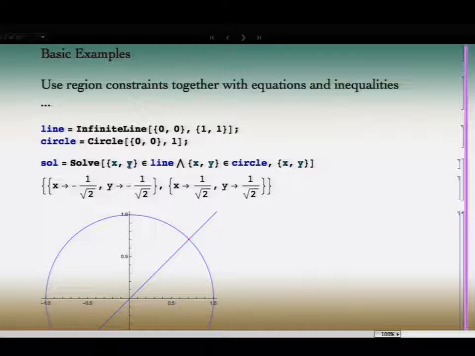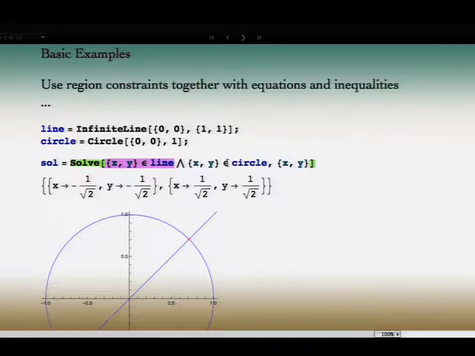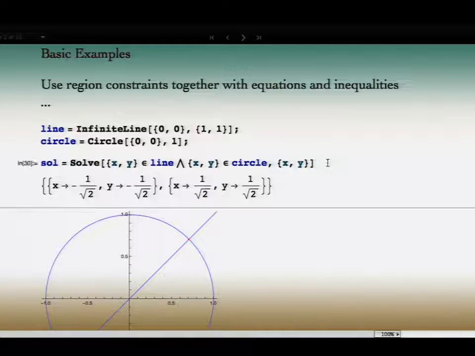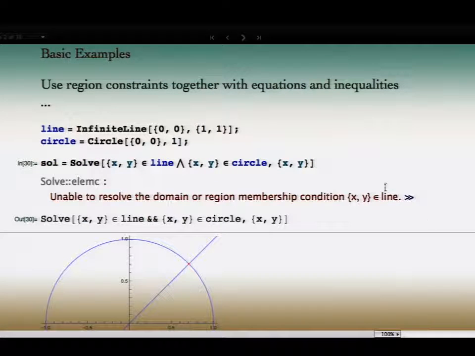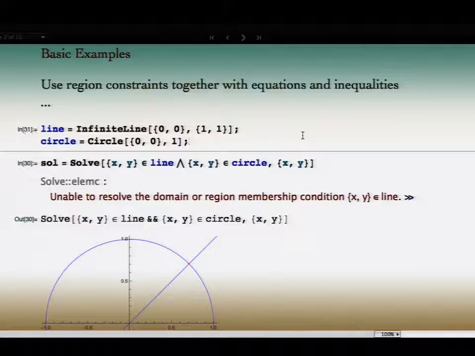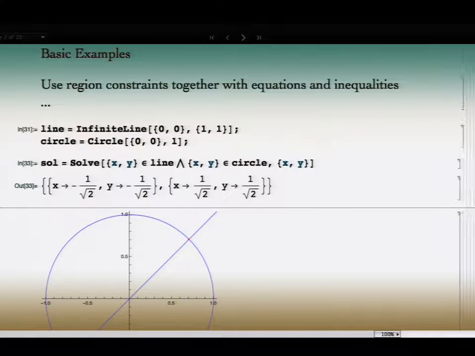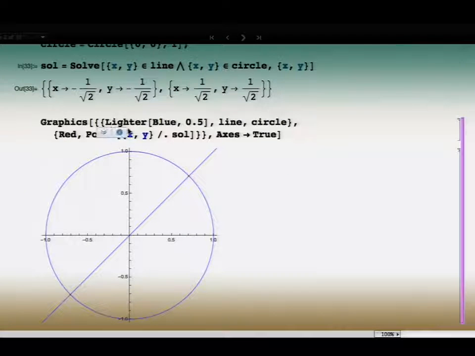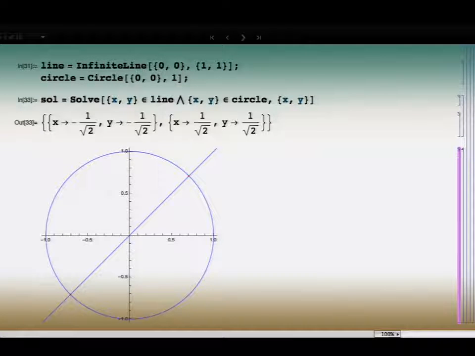So I have a line, an infinite line, and a circle, and I want the points that are on the line and on the circle at the same time. And we solve that, and now I'm using an exact solver, and it needs the definition of what the line and circle are. Apart from that, it should work. And again, I just used that solution to create that visualization.